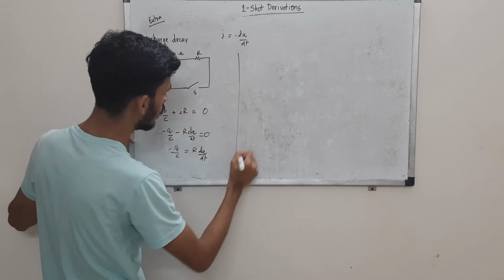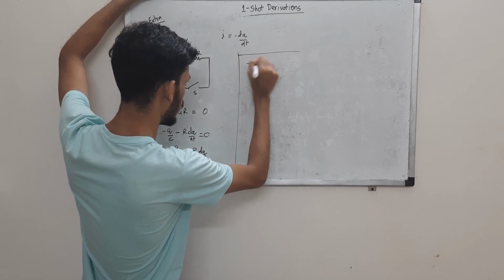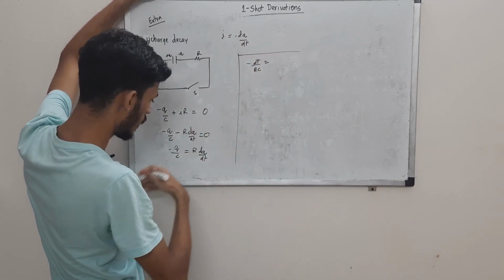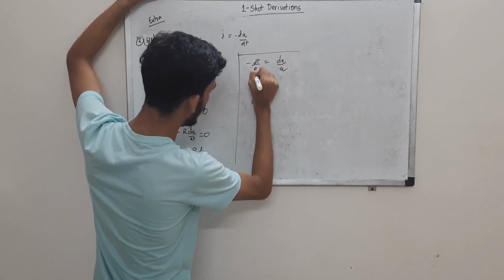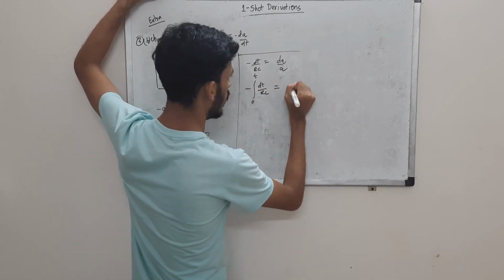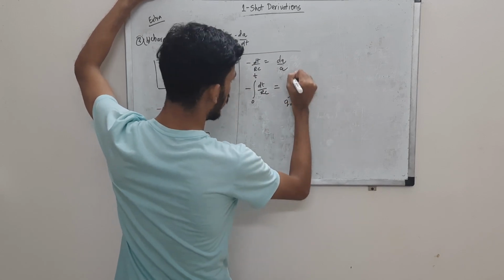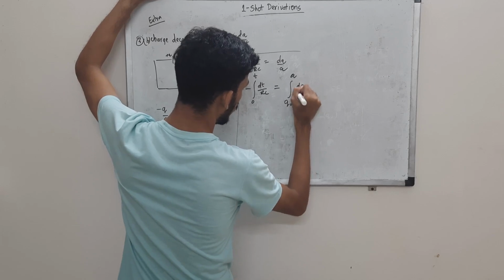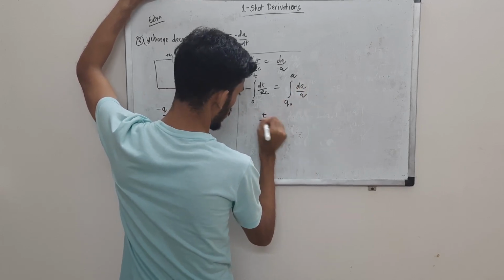Take q variables on one side and t variables on the other. So we have minus 1 by RC and dt on this side, and dq by q. Integrate 0 to t dt by RC, and initially the capacitor is fully charged, Q naught. Finally after time t it will become q, and dq by q. Here we'll get minus t by RC.